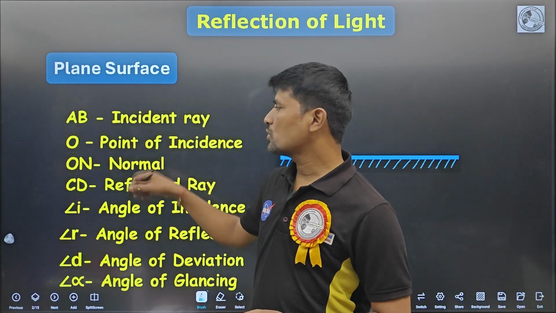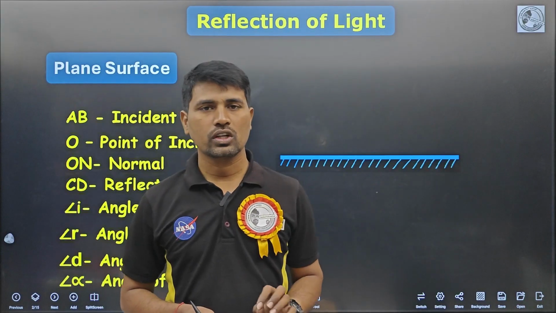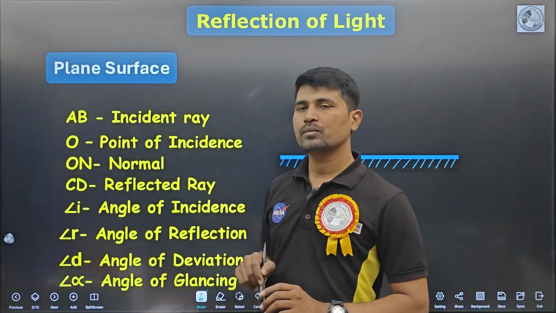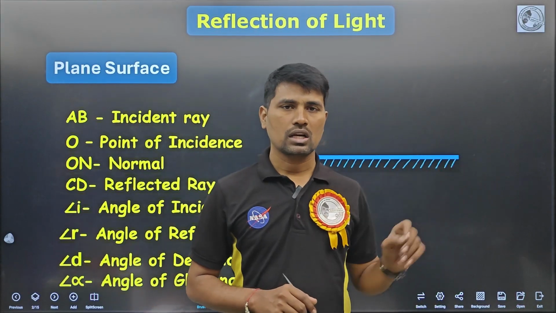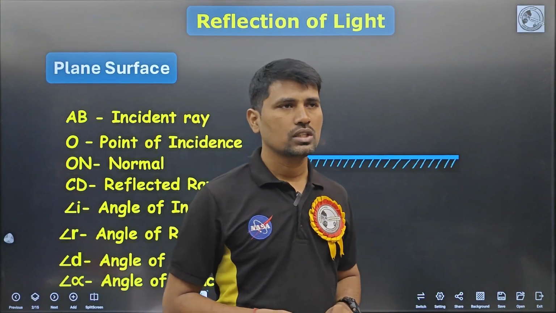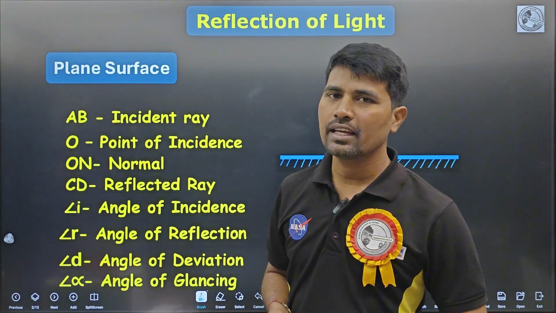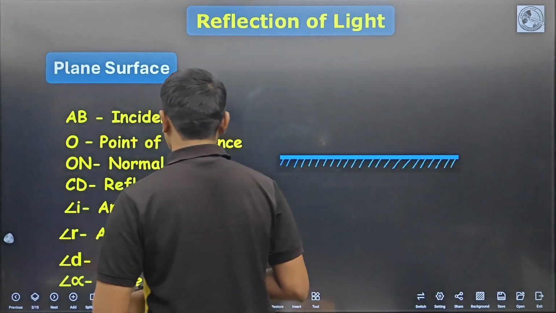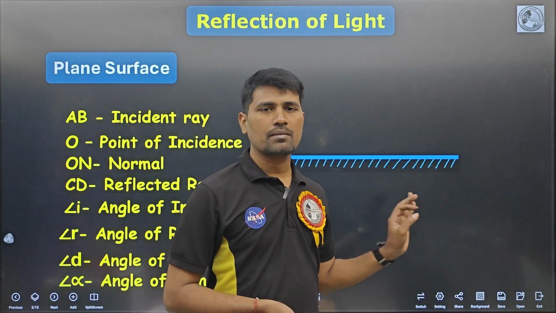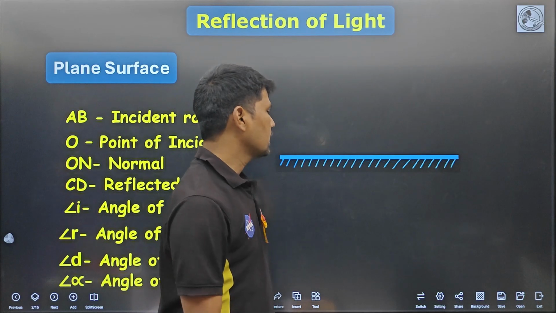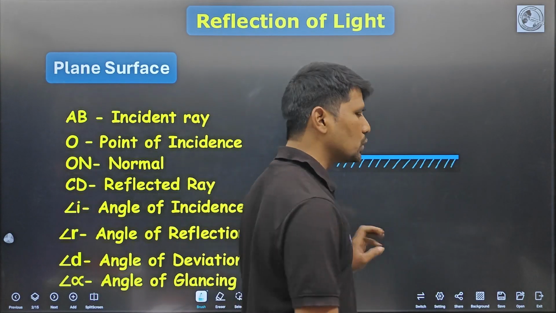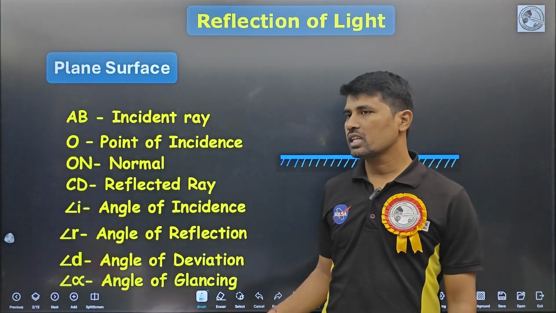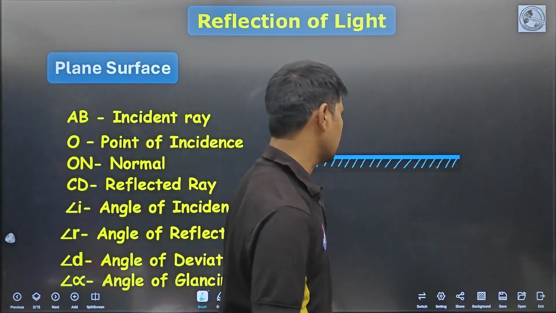Reflection, either plane surface or curved surface, so knowing the terminology is very important. Then only you are able to understand the terminology of light. Yes, children, now I am going to explain the terminology. After that we go to the curved surfaces.